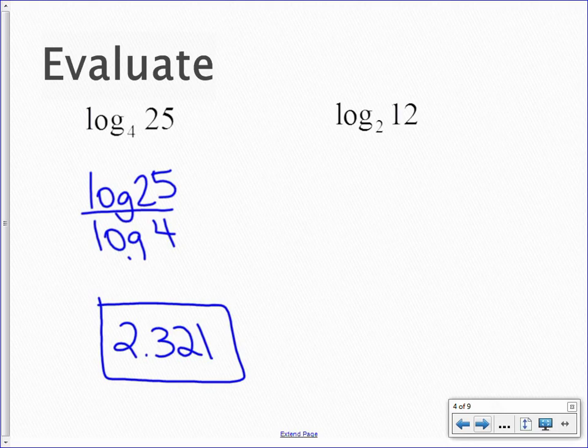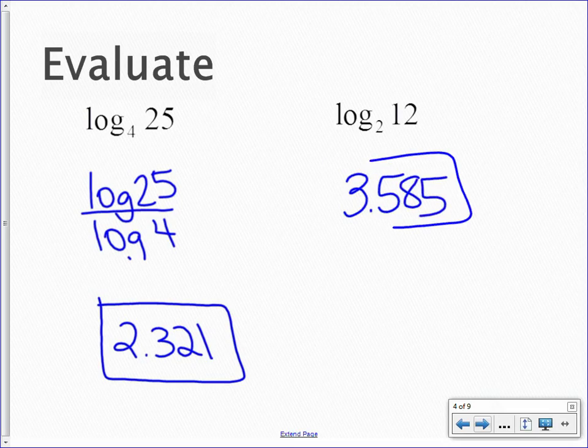Okay. How about log base 2 of 12? Do that one in your calculator. 3.585. Is that what you said? Okay.